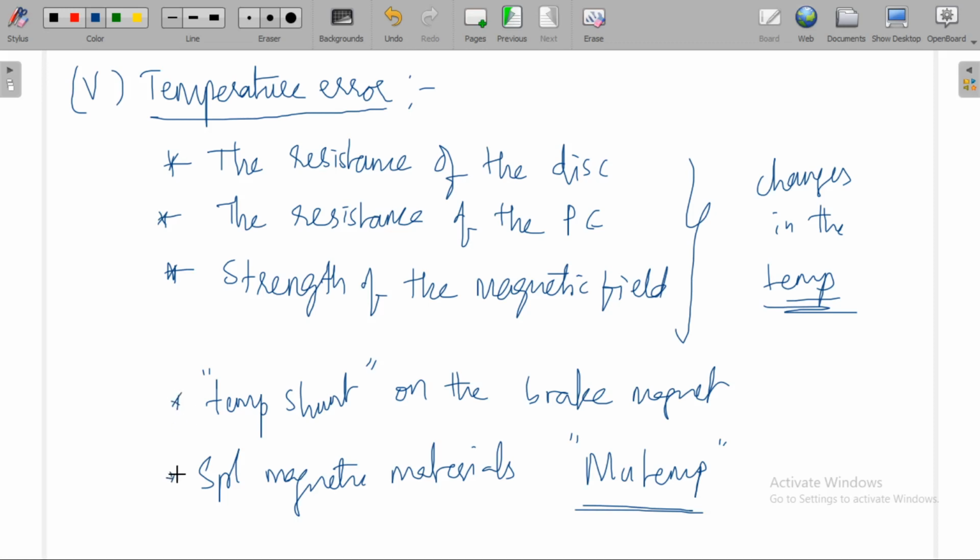So the temperature effects can be compensated by using temp shunt on the braking magnet or by using special magnetic materials.